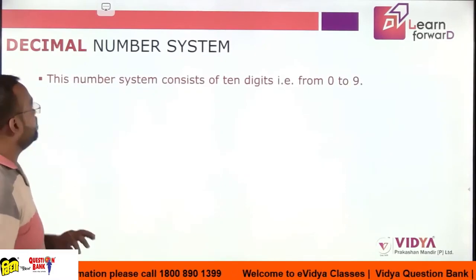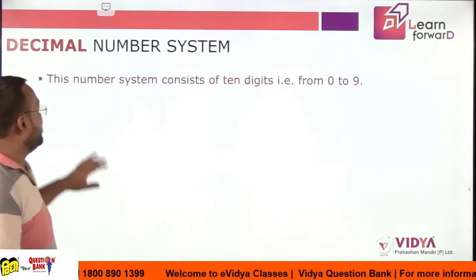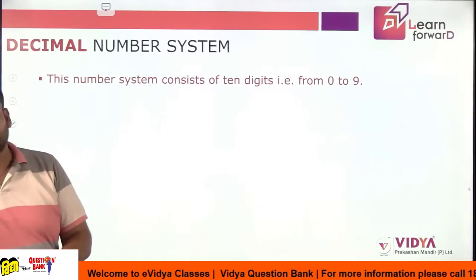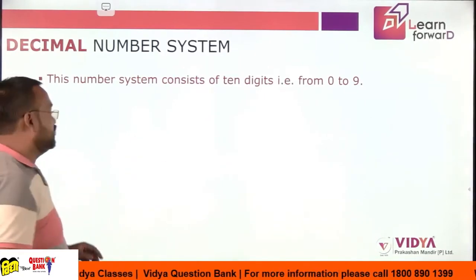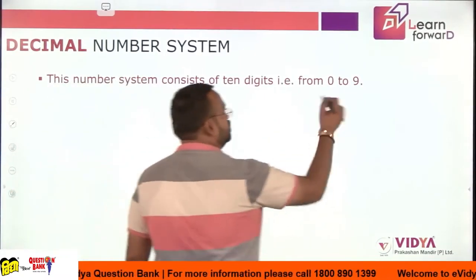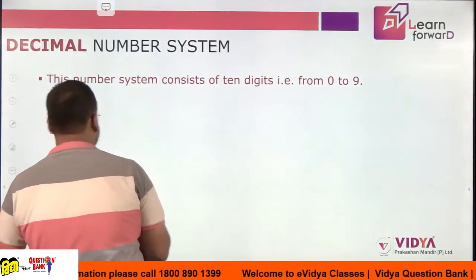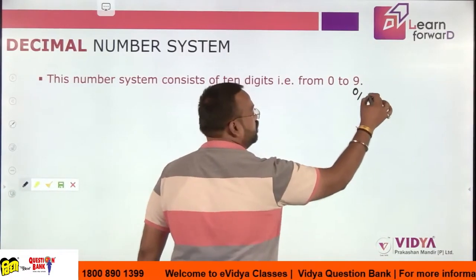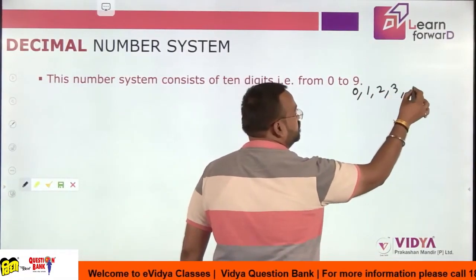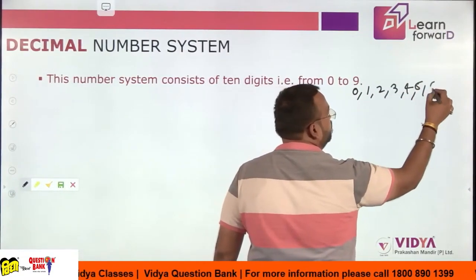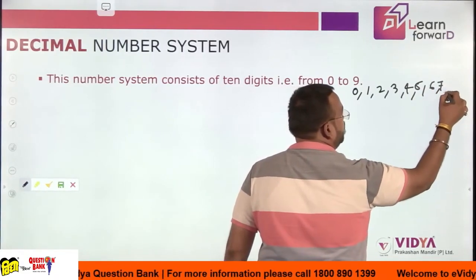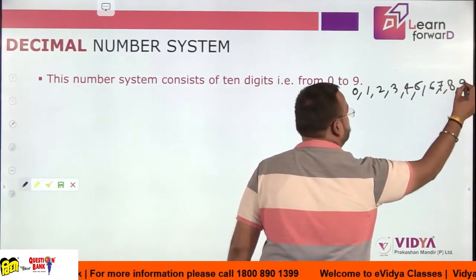The decimal number system, as the name suggests, consists of 10 digits only, that means 0 to 9. That is 0, 1, 2, 3, 4, 5, 6, 7, 8 and 9.